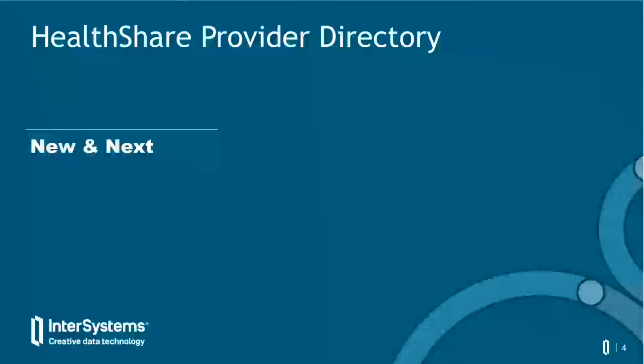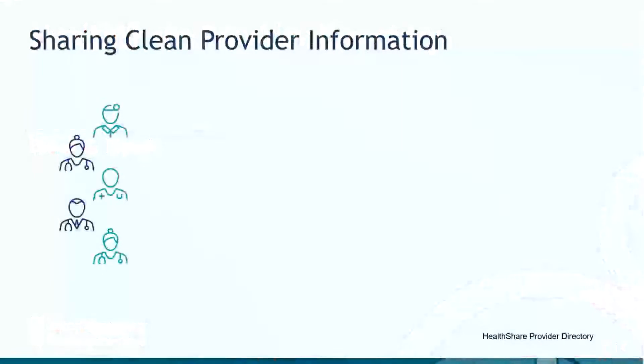So let's start with Provider Directory New and Next. The vision of Provider Directory is sharing clean provider information. As you may know, provider information is often fragmented and distributed across an organization. What Provider Directory does is pull all that information together and build a single source of truth.